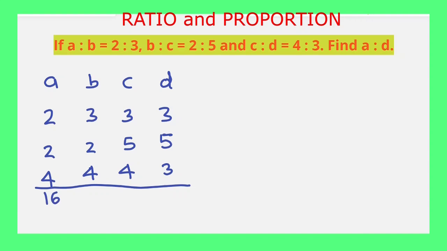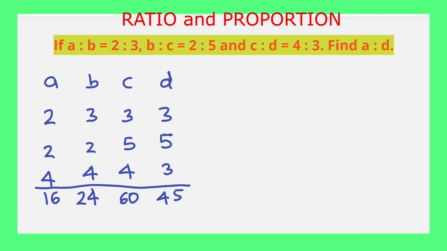So we multiply these numbers. 3 times 2 is 6, times 4 is 24, and all the numbers below C, 3, 5 and 4. 3 times 5 is 15, and 15 times 4 is 60, and all the numbers below D, 3, 5 and 3. 3 times 5 is 15, times 3 is 45. Now here we get A ratio B ratio C ratio D, which is 16 ratio 24 ratio 60 ratio 45.